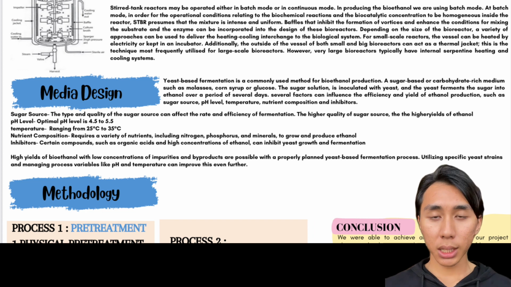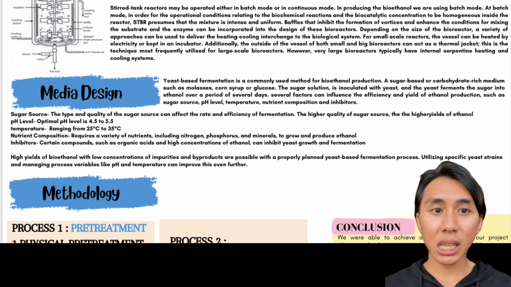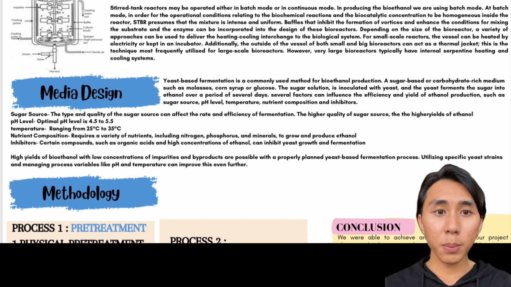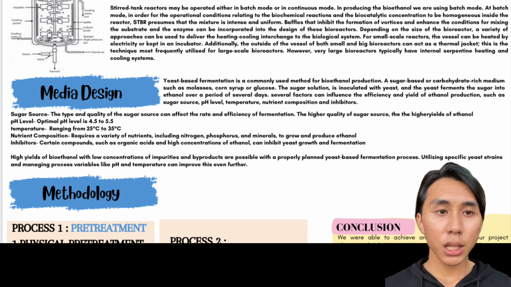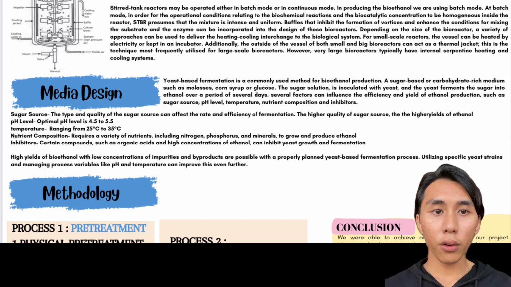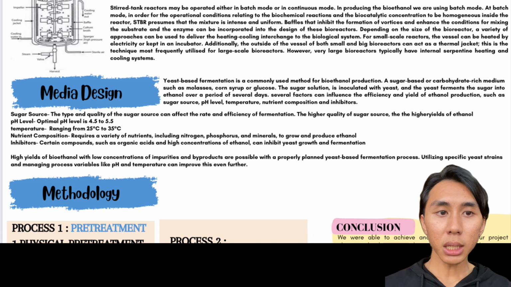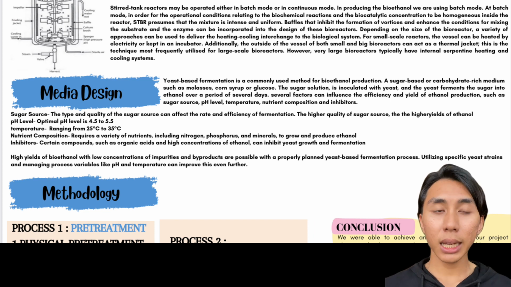The sugar solution is inoculated with yeast, and the yeast ferments the sugar into ethanol over a period of several days. Several factors that influence the efficiency and yield of ethanol production are sugar sources, pH level, temperature, nutrient composition, and inhibitors.